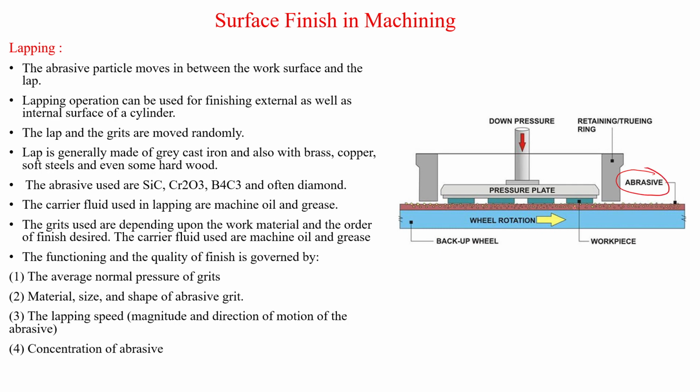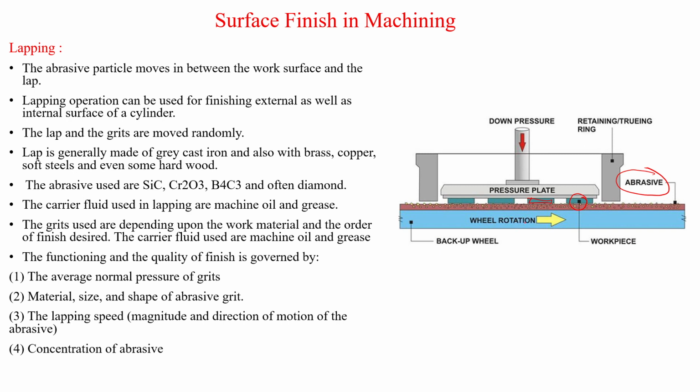So the workpiece is kept between the abrasives, the pressure plate with a piston, and the wheel. The wheel is rotating, and above the wheel the abrasives are kept, and above the abrasives the workpiece which is to be finished is kept, and from the top side a downward pressure is provided.